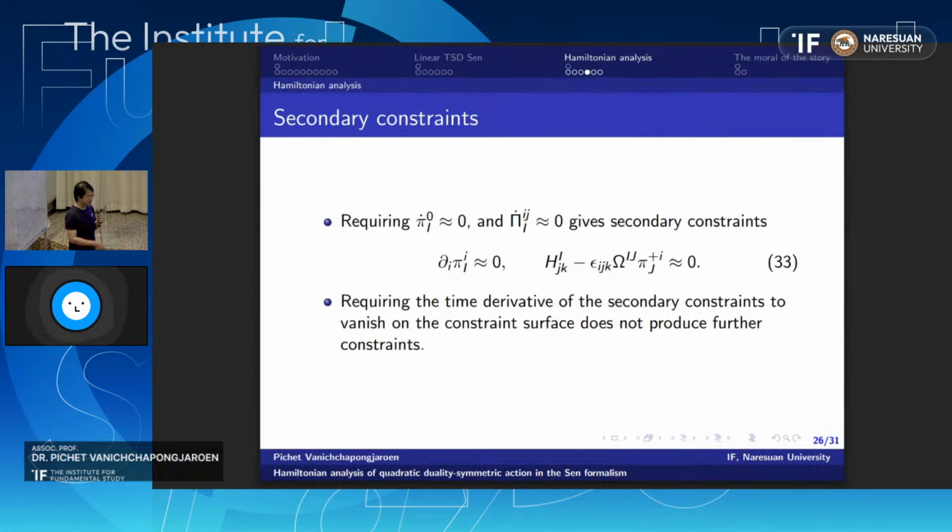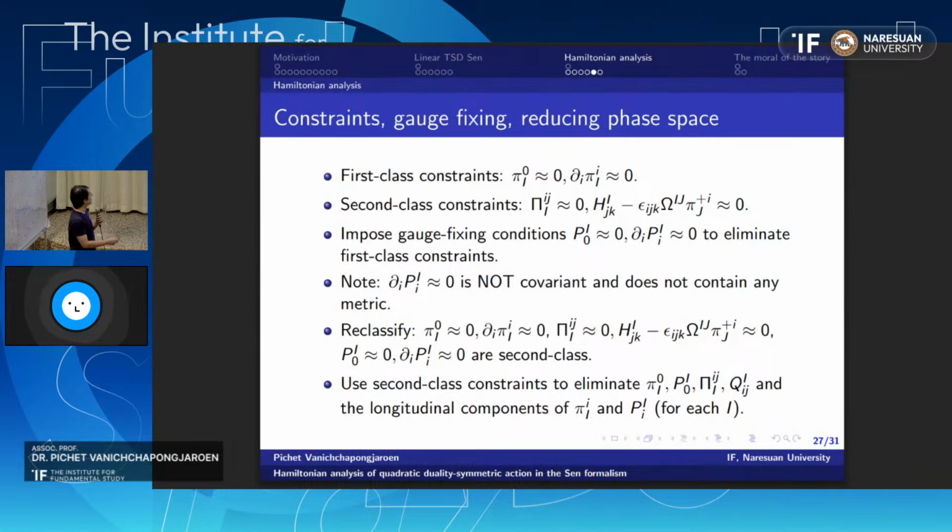Okay, and then we just work out the preservation of the primary constraints, and then we get the secondary constraints, and we keep on doing this. But it turns out that we get only up to the secondary constraints, and then we reclassify to get the first class constraints, which look just like the constraints for Maxwell theory, but we have a pair of them.